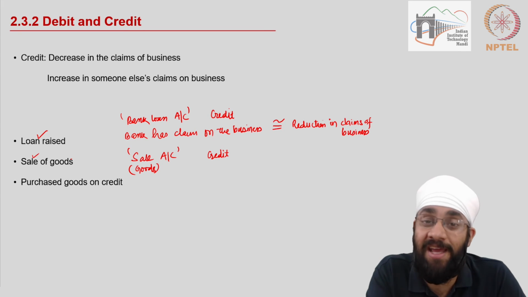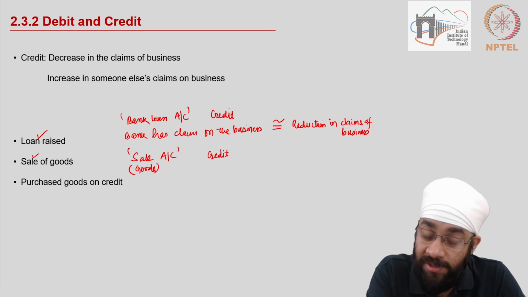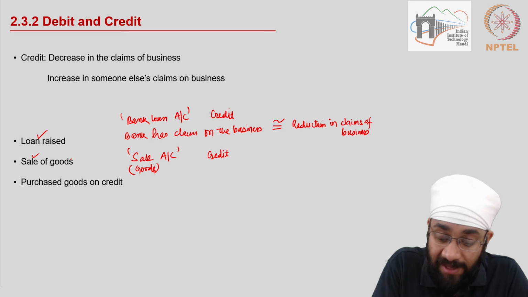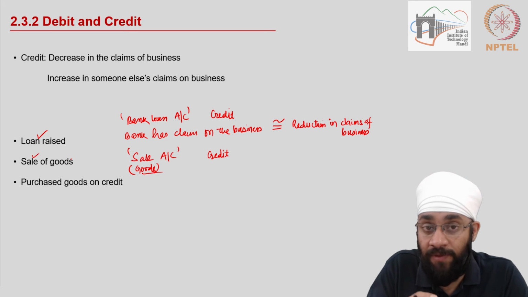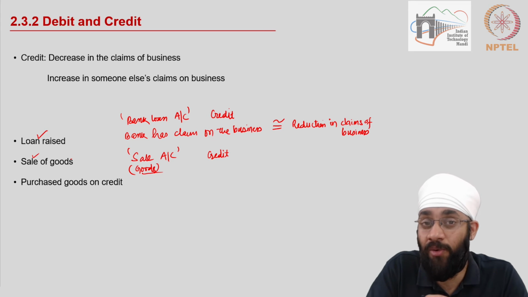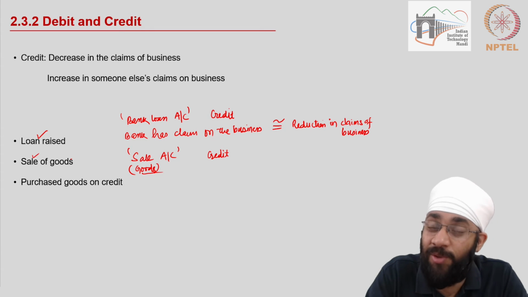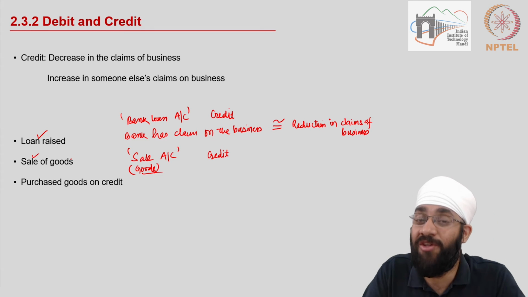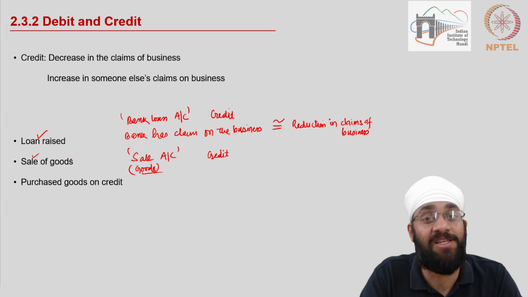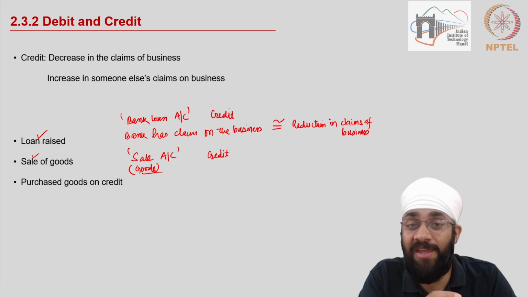These are different aspects of the same coin, of course. So sale represents the goods, and as far as goods are concerned, goods are going out of the business. The claims of the business on the goods are going down. The claim of the business is going up on the cash, the money that you receive in exchange for the sale. So, that is the difference.